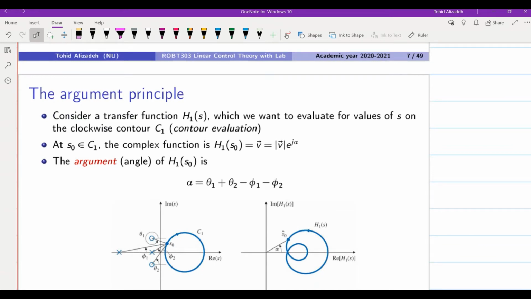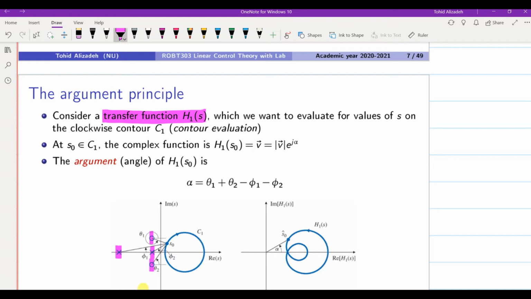Alright, so let's get back to the argument principle. Basically, for the argument principle, we need to consider a transfer function at first, something like h1, where we have a set of zeros and poles. For this example, we have two poles and two zeros. All of them are on the left half plane.